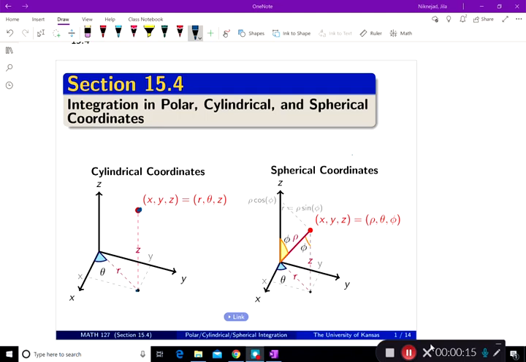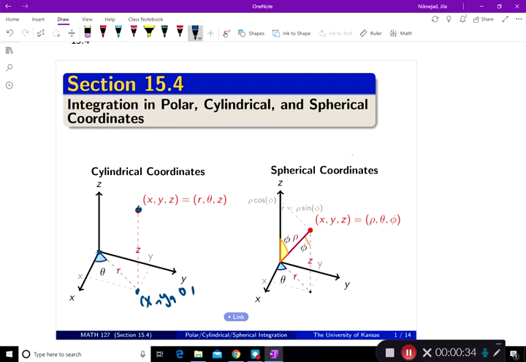Cylindrical coordinates is when you project a point from x, y, z into the xy plane, and then from there you find the distance of the projected point. This would be x, y, and 0.